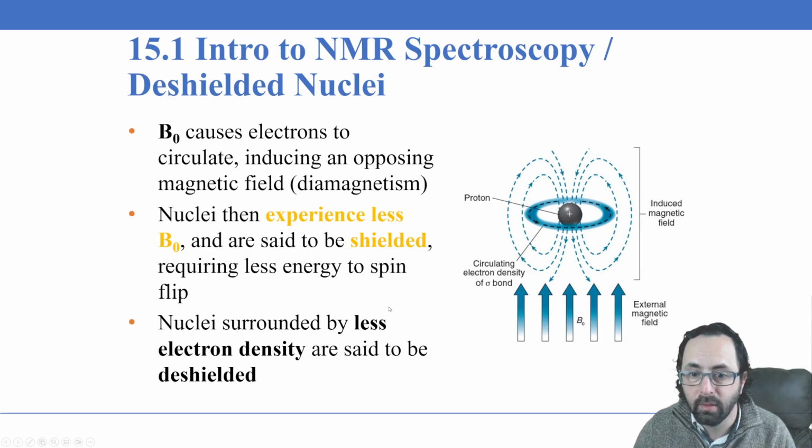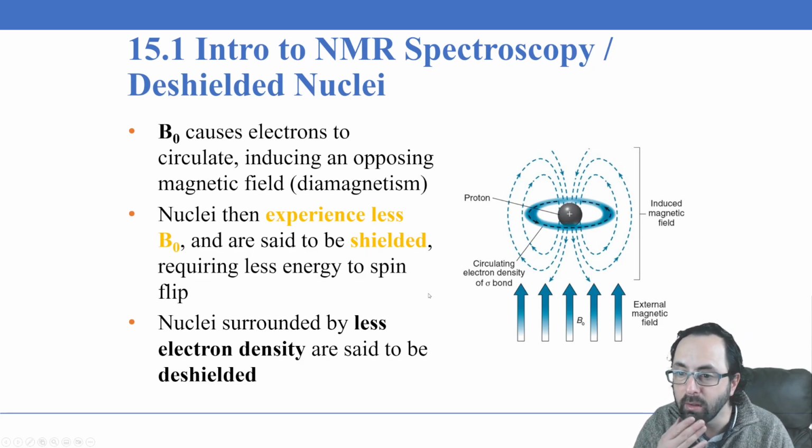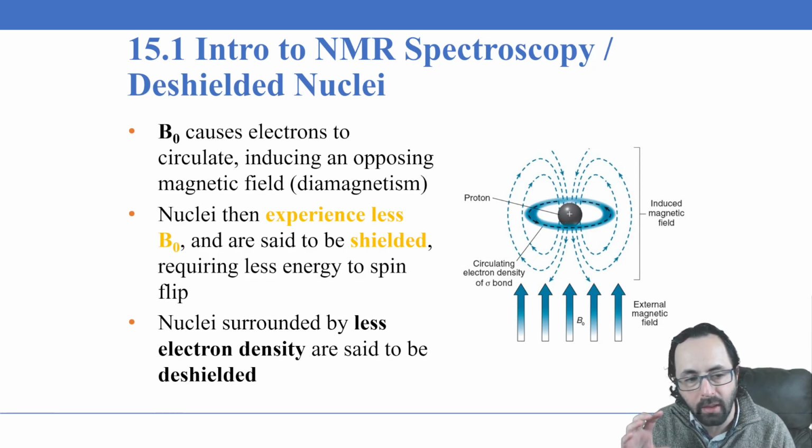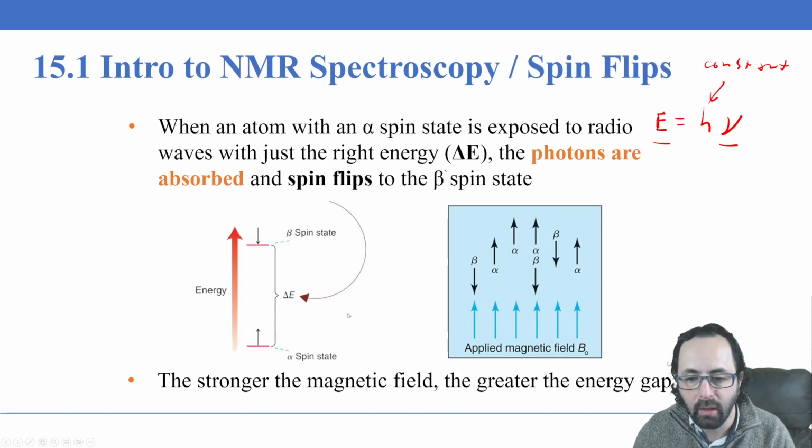This is referred to as diamagnetism. So the nuclei actually experience less of a magnetic field than the bare nuclei would, because they're shielded by the electrons. And this is what I referred to as the local environment. So the more shielding that the nucleus experiences from local electrons, the smaller the magnetic field, and thus the smaller the energy gap will be. The smaller this delta E will be.